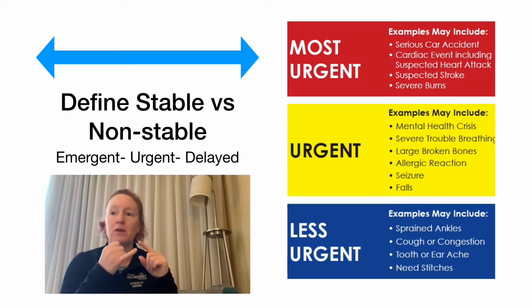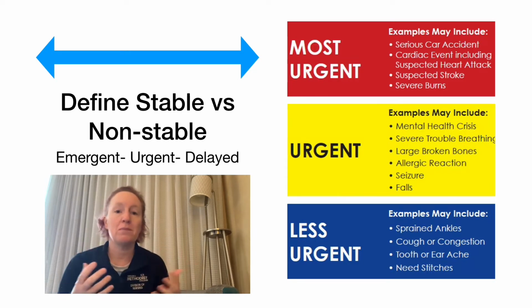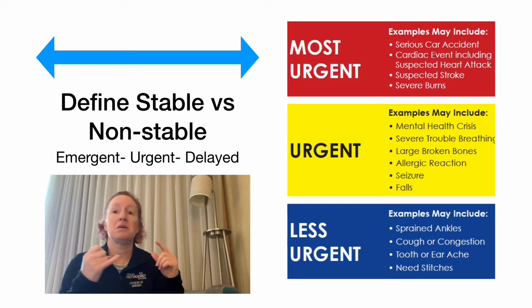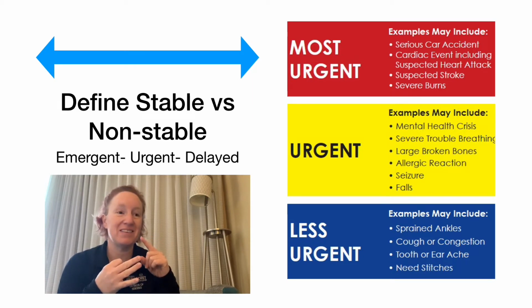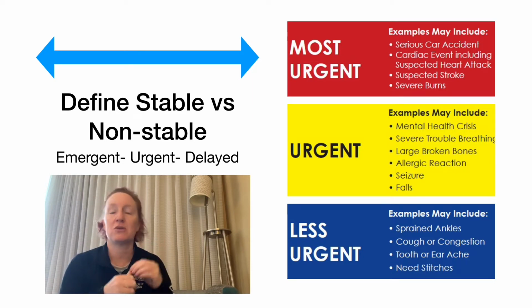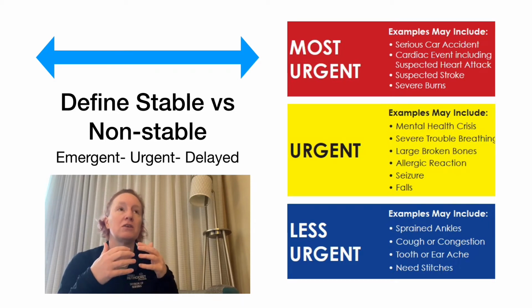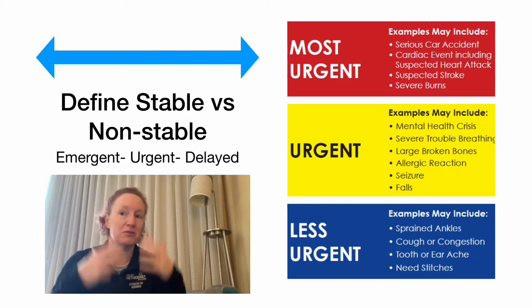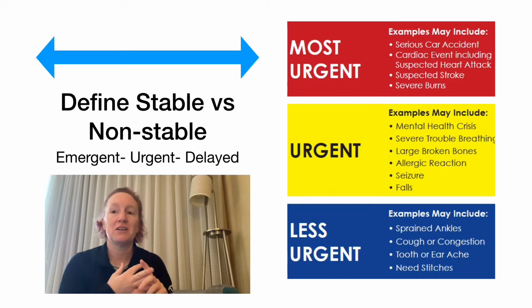Stable means breathing, talking, alert, doing their thing, coming into the ER or the nursing environment, aware, right? Non-stable means not talking, not breathing, not alert, not answering questions, and none of those cranial nerve responses that we see, gag, cough, and corneals. Those things make you very, very unstable.